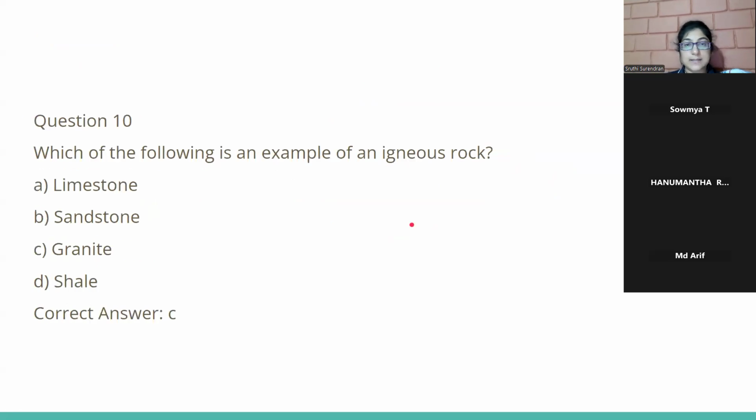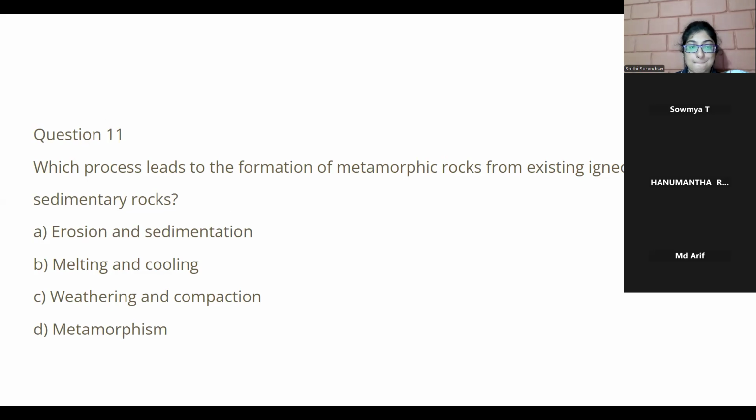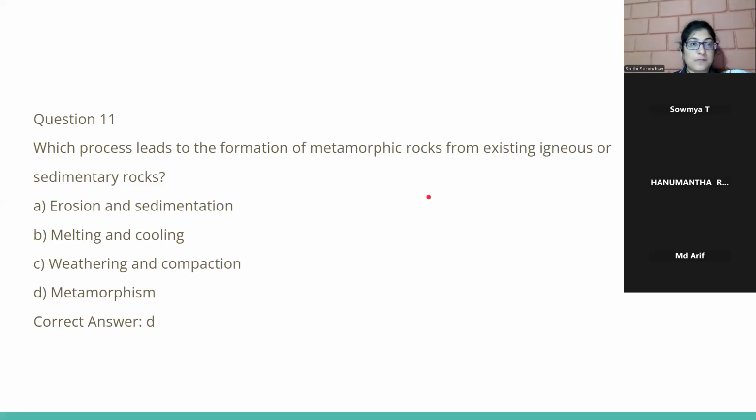Correct, it is granite. Then which process leads to the formation of metamorphic rocks from igneous or sedimentary rocks? Yes, the correct answer is option D, metamorphism.